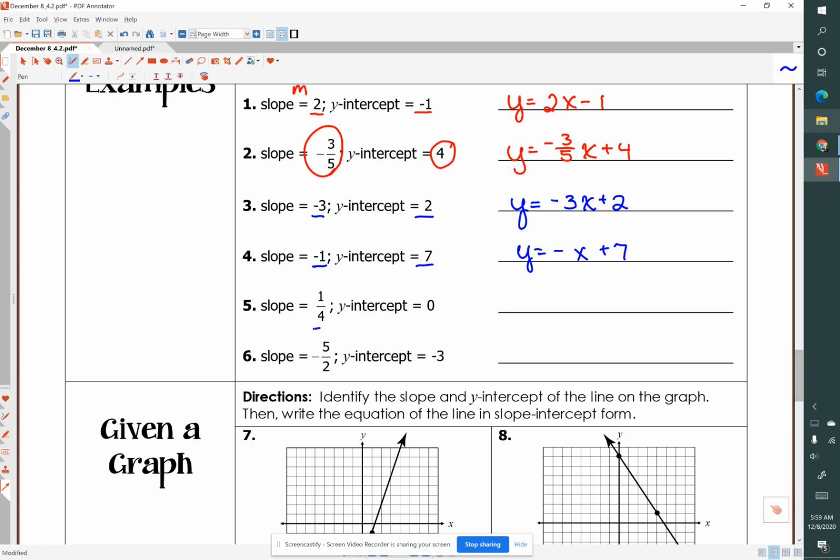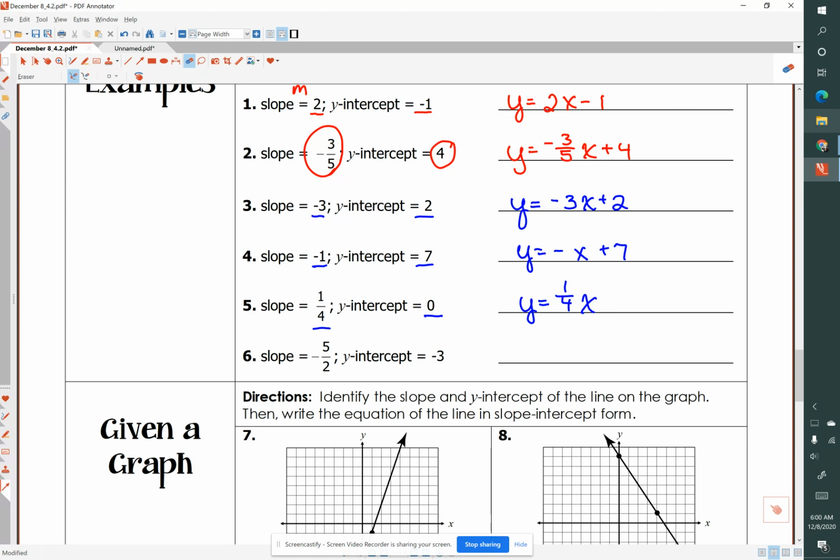Number 5, we have a slope of 1/4 and a y-intercept of 0. Here's what happens here. The value of the function at y equals 1/4 x. Now you might be tempted to write plus 0, but it's not necessary to do that. The slope is x.